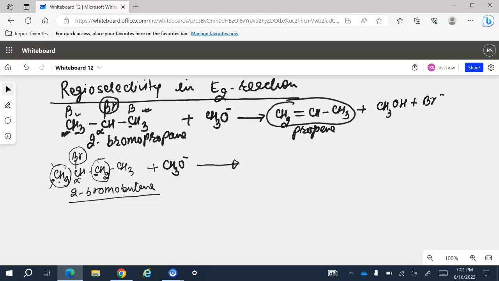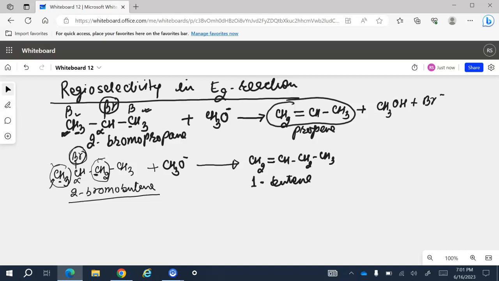If you remove the beta hydrogen from the CH3 and the bromine, then the result will be CH2 double bond CH CH2 CH3. You have 1, 2, 3, 4, it is butene, but the double bond is at carbon number 1, therefore 1-butene is the product.